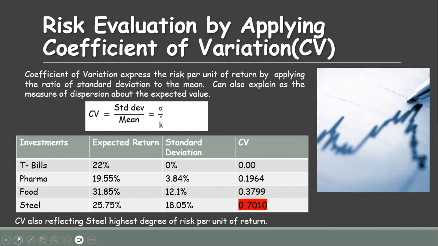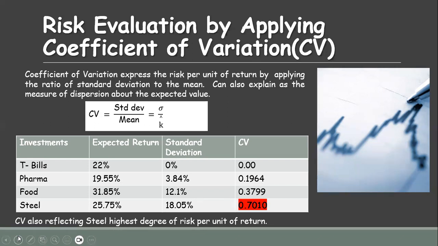Coefficient of variance for the T-bill is 0, for pharma is 0.1964, for food is 37.3799, and for steel is 7010. Coefficient of variance also reflects steel's highest degree of risk per unit of return.